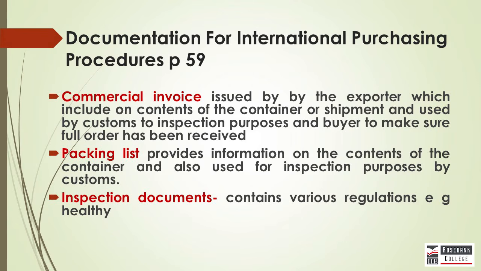There is also a packing list. It provides information on the contents of the container and is also used for inspection purposes through customs. There are also inspection documents, and these contain various regulations, for example, health regulations.